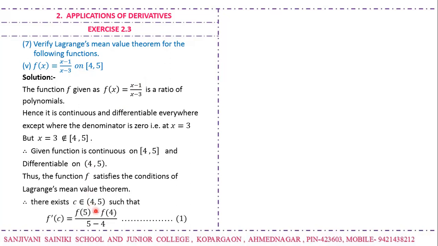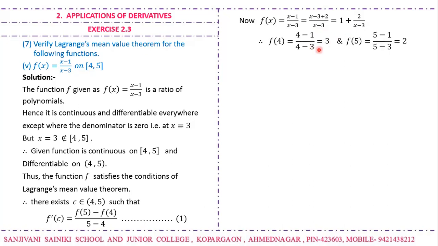There exists c such that f dash at c is equal to f of 5 minus f of 4 upon 5 minus 4. Now f of x is equal to x minus 1 upon x minus 3. So now I am adjusting the denominator in the numerator, so that I have to use only one simple formula to find the derivative. Now f of 4 is 3 and f of 5 is 2.